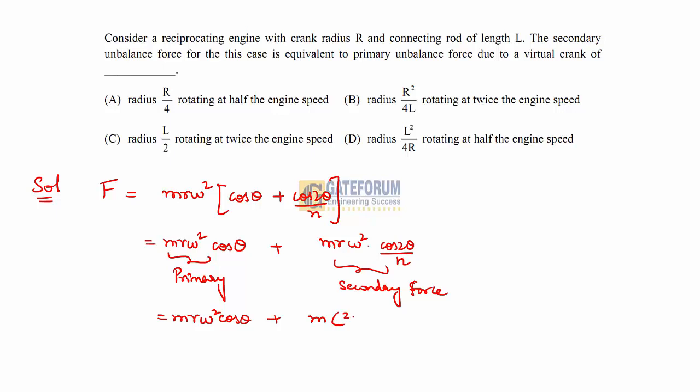I can write it with radius r by 4n, and instead of omega, I'll write it as 2 omega whole square, cos 2 theta by 4n. That will be the radius of rotation.